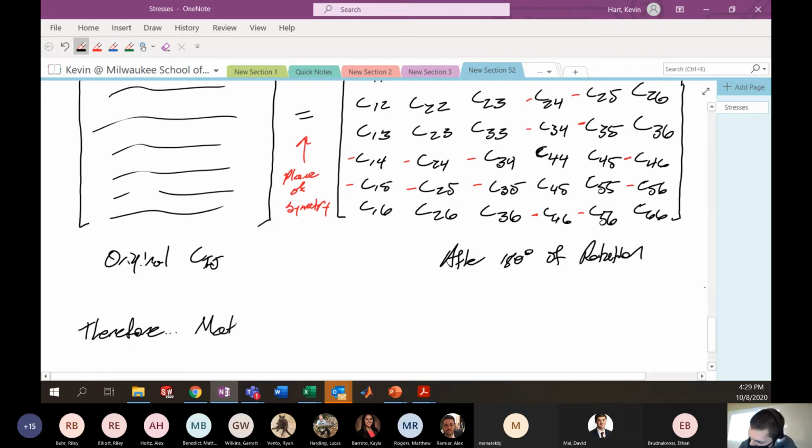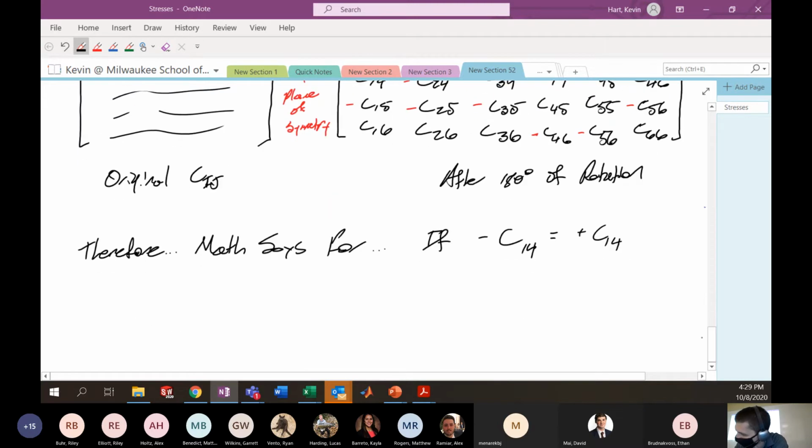So math says, for instance, if negative C14 is equal to positive C14, then C14 has to be equal to 0.